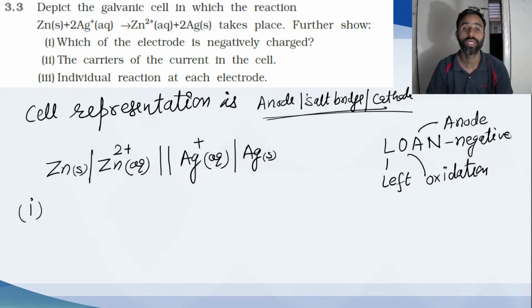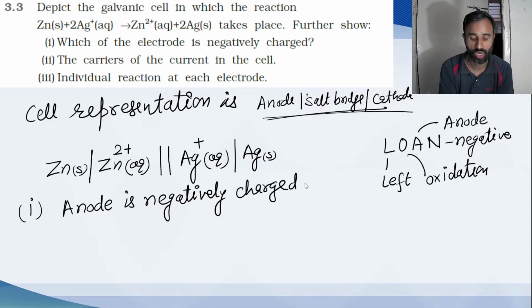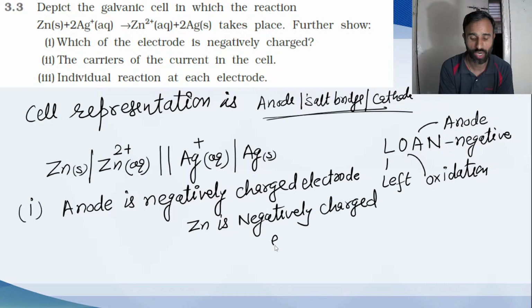That means anode is the negatively charged electrode. So out of silver and zinc, which one is anode? Where oxidation takes place. So that means zinc is the negatively charged electrode. Zinc electrode is the negatively charged electrode.